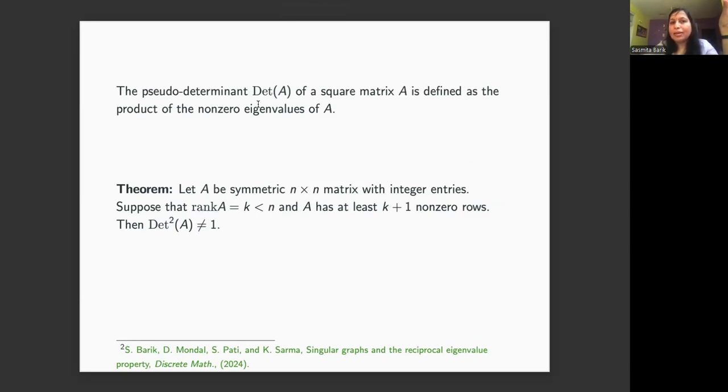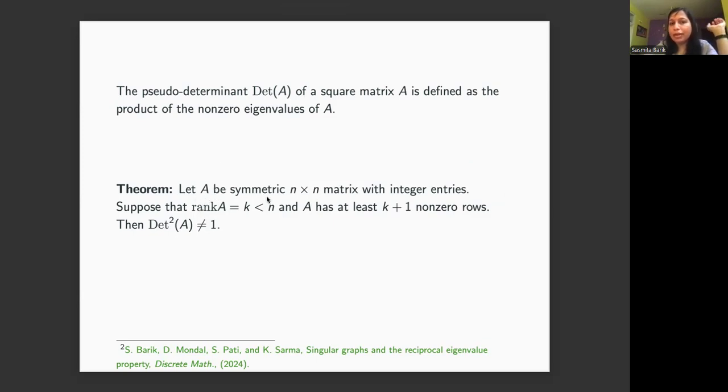And that's basically defined as the pseudo-determinant. If you are taking a singular matrix, the pseudo-determinant is defined as the product of all non-zero eigenvalues of A. So if the matrix is singular, it will be what I told, the last coefficient in the characteristic polynomial. So this is the result.